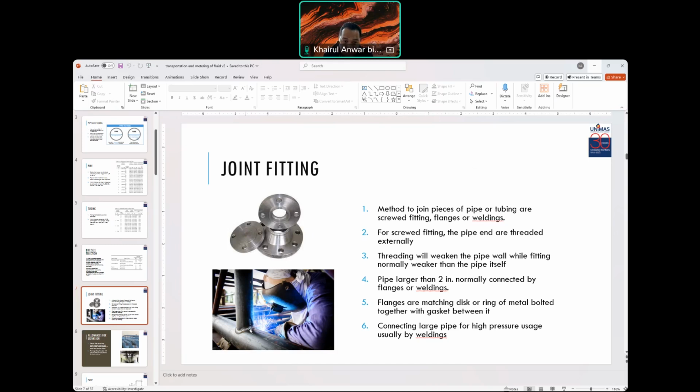This is the flange, this is the welding. Flanges are matching, so you have two flanges connected, then bolted in the holes. Between the flanges, there's a gasket to avoid leakage, of course. Connecting large pipe for high pressure is usually by welding.